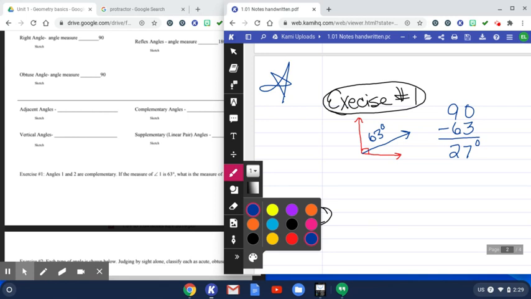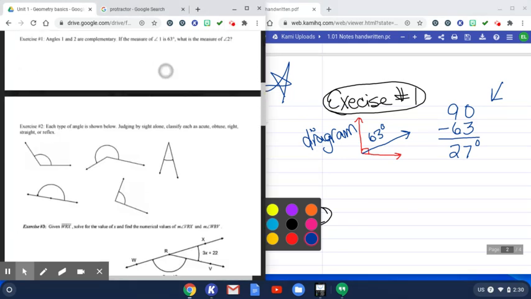But for now, if you have a sheet of paper and you're writing down exercise 1, you're drawing a diagram and showing a little bit of math on how you got your answer, that's going to help me correct whatever mistakes you could be making in the future and get us all on the same direction moving forward. So that's exercise 1. If I move to exercise 2, it reads, each type of angle is shown below.